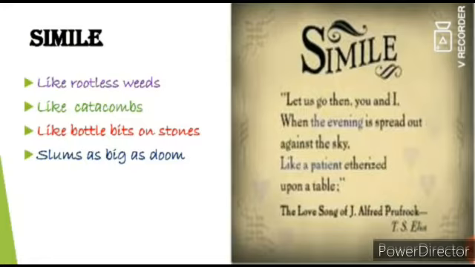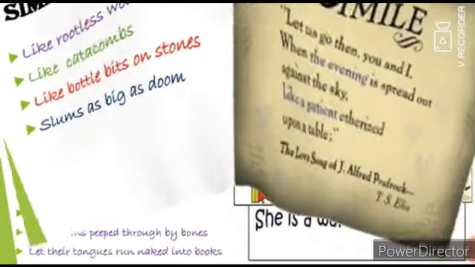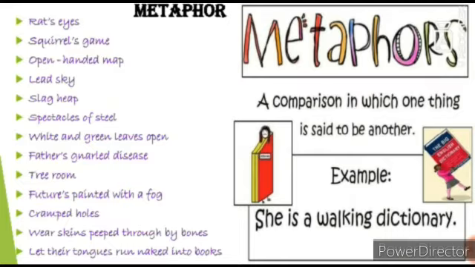And here are few examples. Next we have metaphor. A metaphor is a figure of speech that makes a comparison between two unlike things. It creates implicit comparison without the express use of like or as. And here we have few metaphors from the poem.